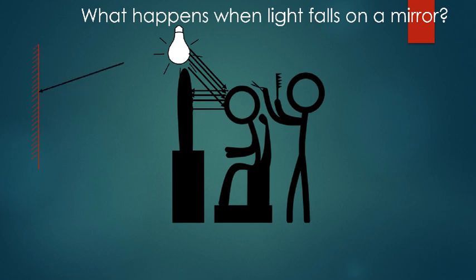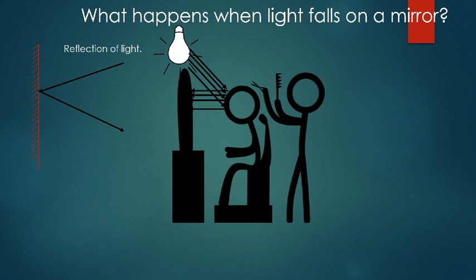So when the light falls here, it reflects back. This property of light is called reflection of light. Please remember, it is because of reflection of light we see things around us. We see an image.